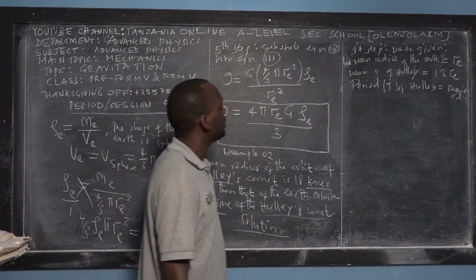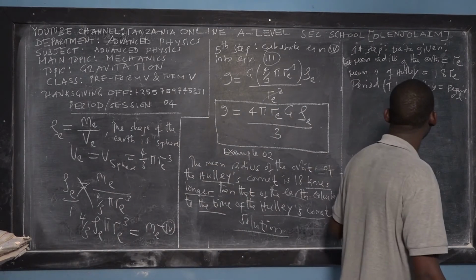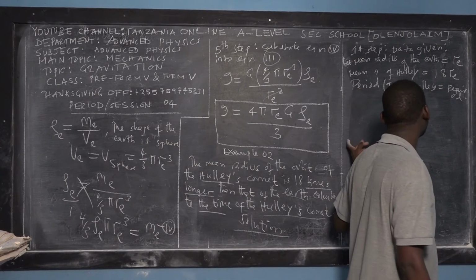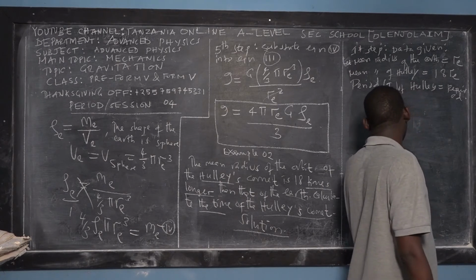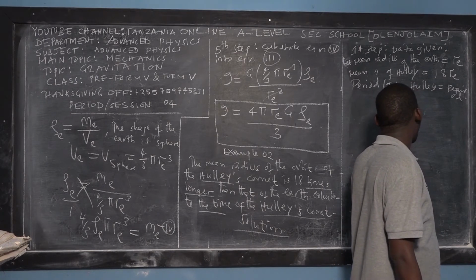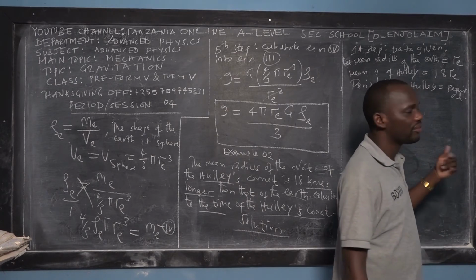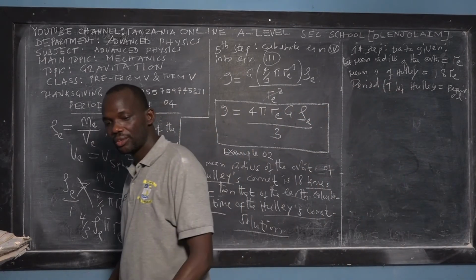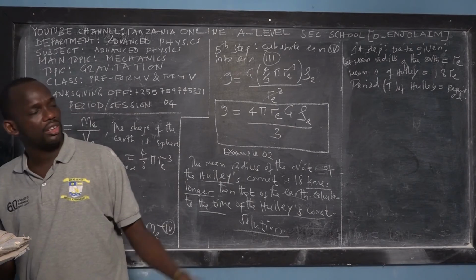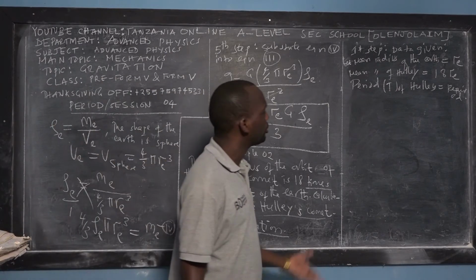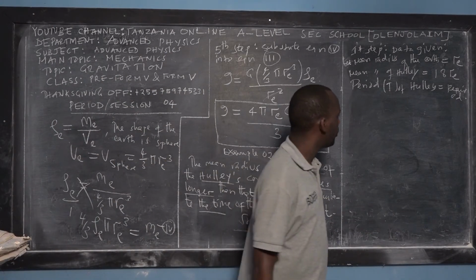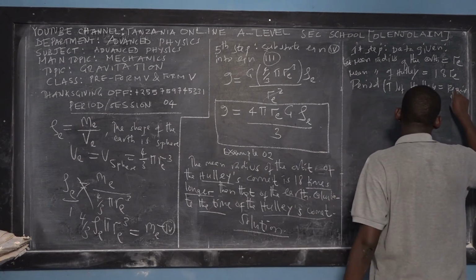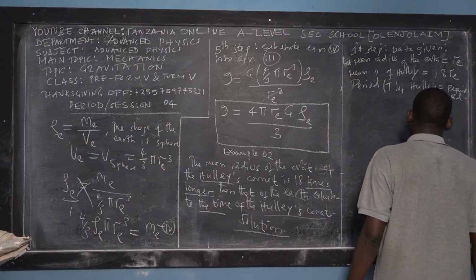Because Halley's comet is revolving around the sun in its own orbit. And when it completes one revolution, it goes again for the second revolution, third revolution, fourth, fifth revolution. So it keeps on repeating the same process. Okay?